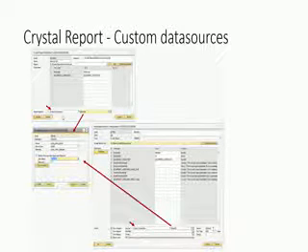So instead of choosing the defaults, you go in here and say custom connection. And over here, you choose your new connection. You can either choose among the ones you have configured already or say define new. If you say define new, you get this little window where you can tell what other place you want to get the data for that Crystal report from.